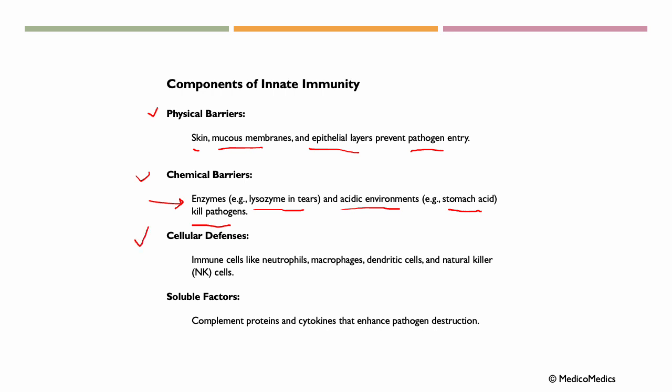Furthermore, we have cellular defenses, so immune cells like neutrophils, macrophages, dendritic cells, and natural killer cells. Furthermore, we have soluble factors, so complement proteins and cytokines that enhance pathogen destruction.